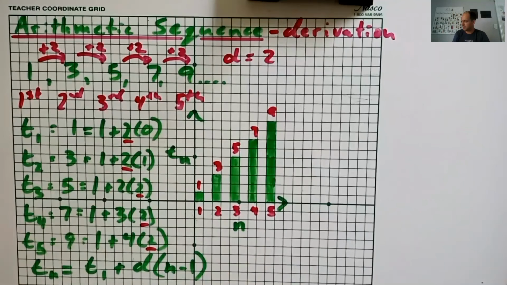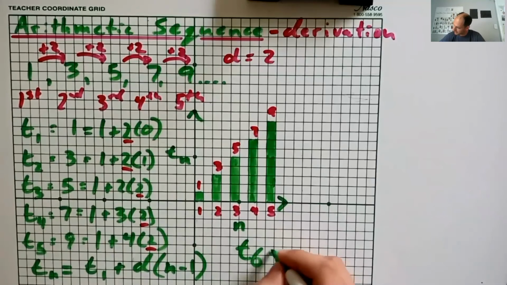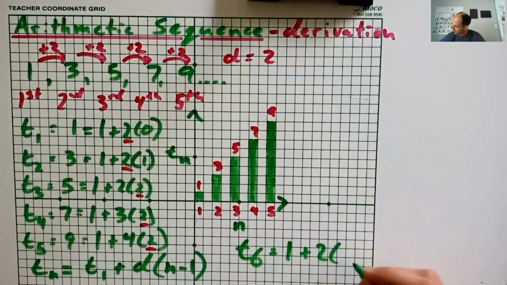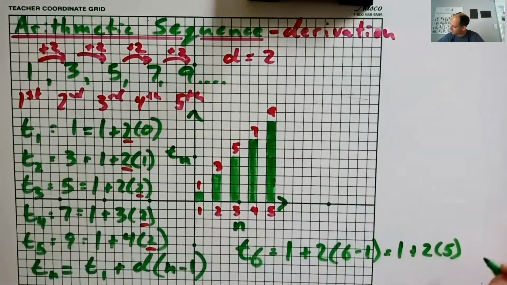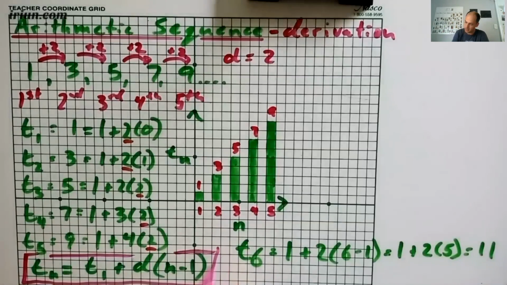So if we were to find, let's say, T6 using this equation, T6 is going to be equal to 1 plus the common difference of 2 times 6 minus 1, which is 5, so that we have 1 plus 2 times 5, which is 10, plus 1 is 11, and that will be the value of the sixth term. So this is our formula for an arithmetic sequence.